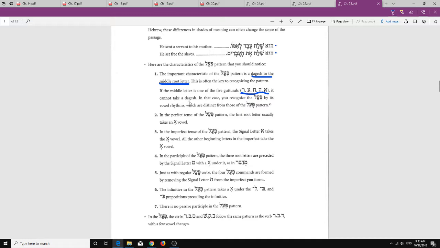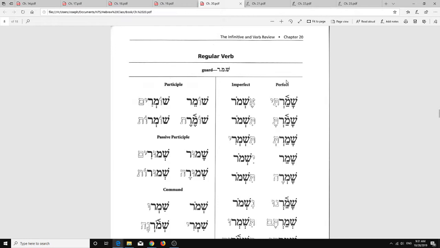So when you come across those in the middle, you'll be more focused on the vowel rhythms rather than anything else, which will distinguish it from the pa'al pattern, because the rhythms are different if you know both well enough.